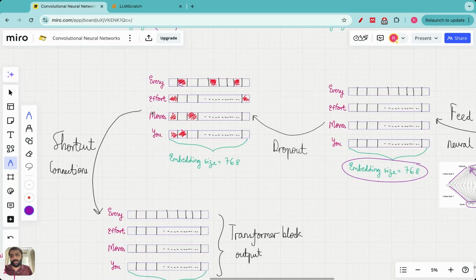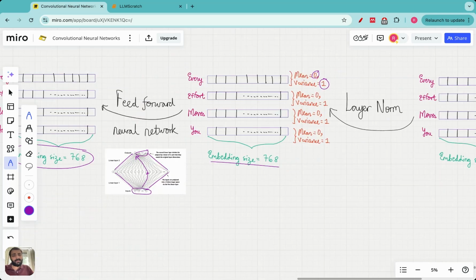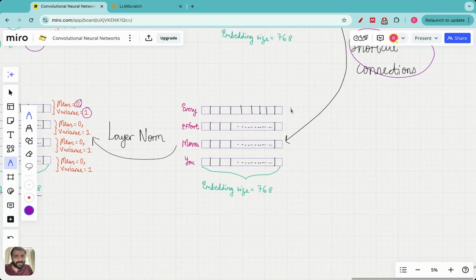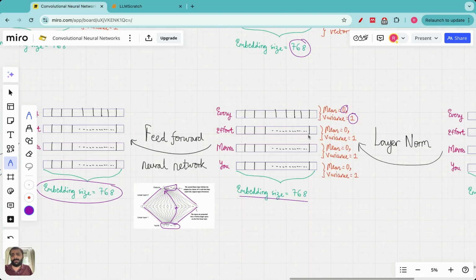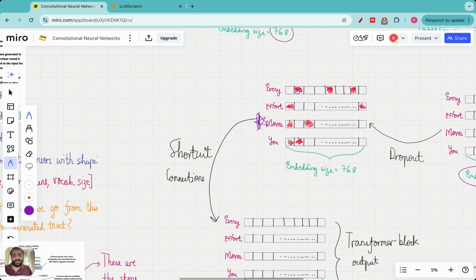Then we have another shortcut connection where we basically add the output after this dropout to the input when we entered here. So this is the input in this second row. The input which was there here is added to the output of the dropout layer which we are seeing over here, and that's why it's a shortcut connection.